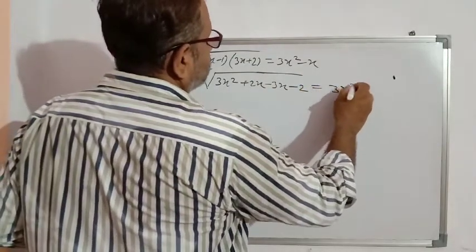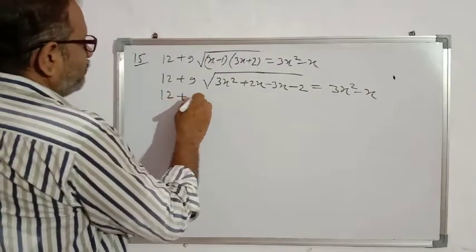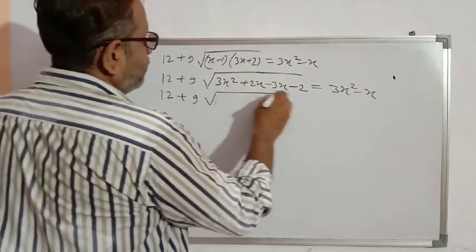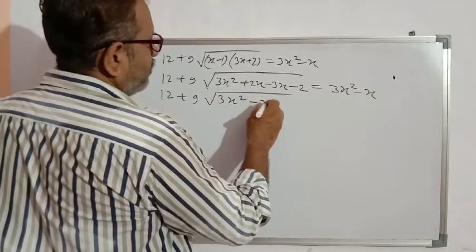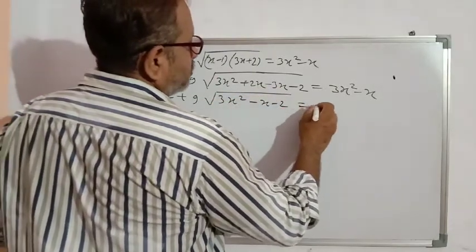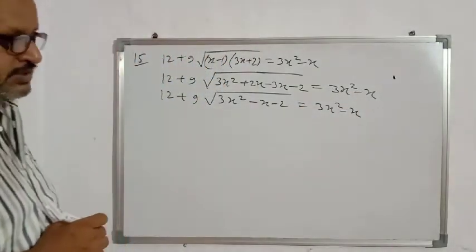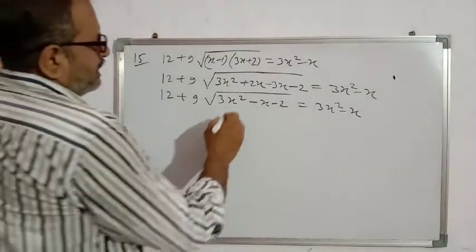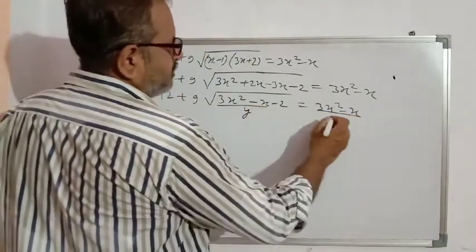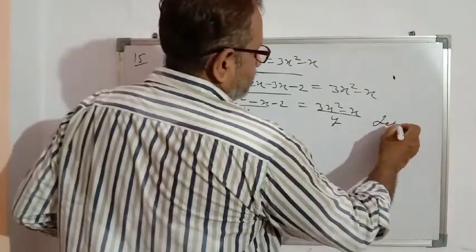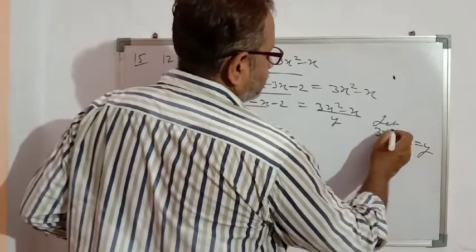So 12 plus 9 under root 3x square plus 2x minus 3x minus 2, that is 3x square minus x minus 2, is equal to 3x square minus x. We suppose 3x square minus x is equal to y. So let 3x square minus x be equal to y.